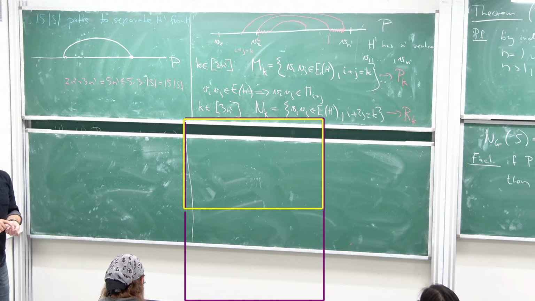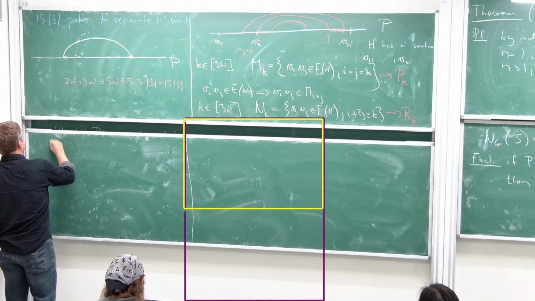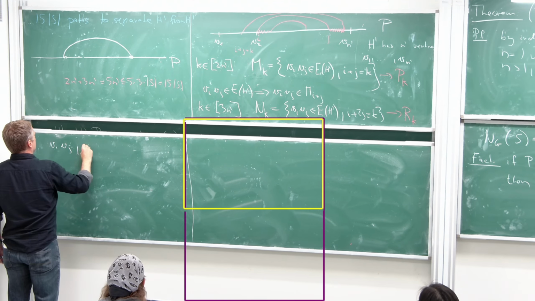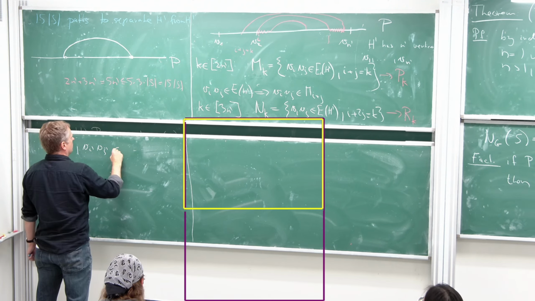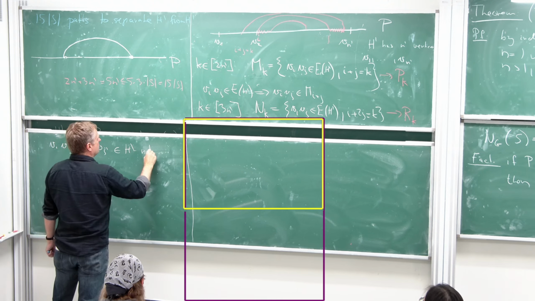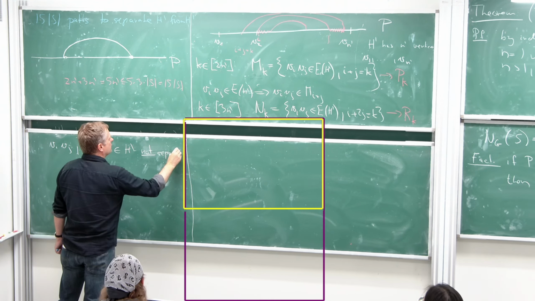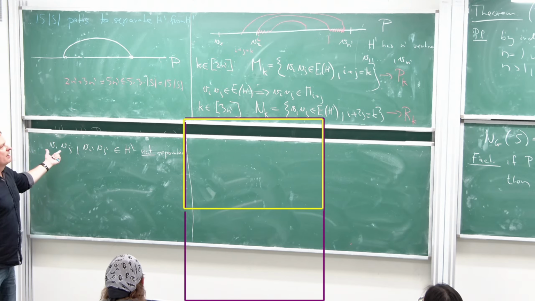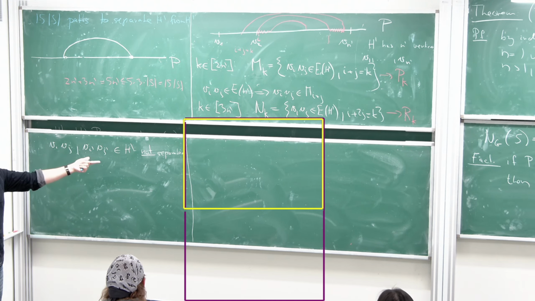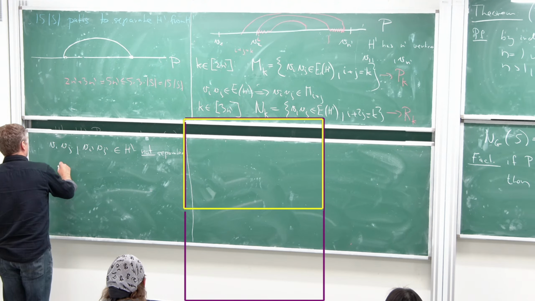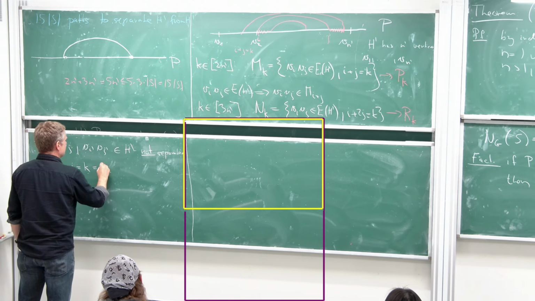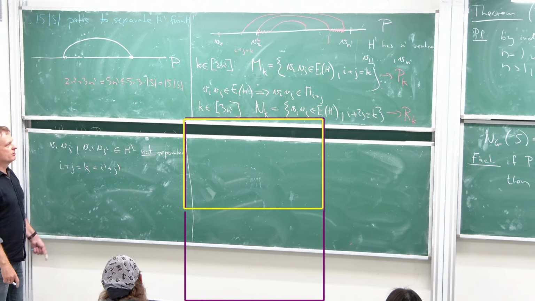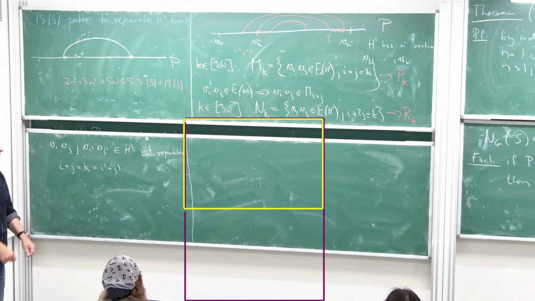So if I find two edges which are not separated, what does it mean? So I take vi, vj, and vi prime, vj prime in H prime, and they are not separated. So they must be in the same pk, and they must be in the same rk. Right? What does it mean? It means that i plus j is equal to k, and that's the same as i prime plus j prime, right? Because they are not separated by two different paths, and they are not separated by rk's.